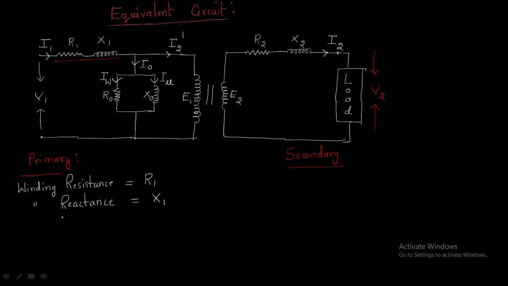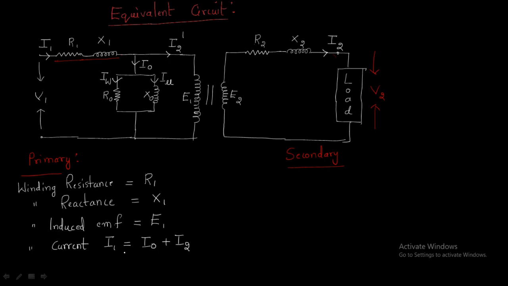Generally, the primary winding has an induced EMF, E1, and you know everything about this. Once again we will draw here the total primary winding current, I1, which is nothing but I0 plus I2 dash.